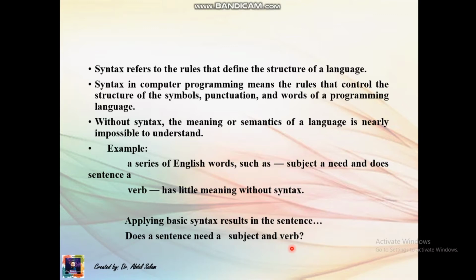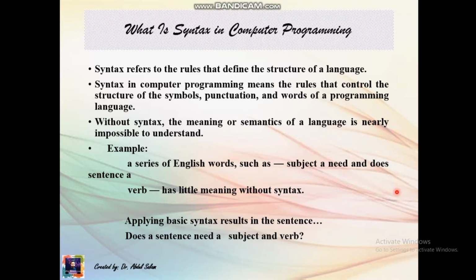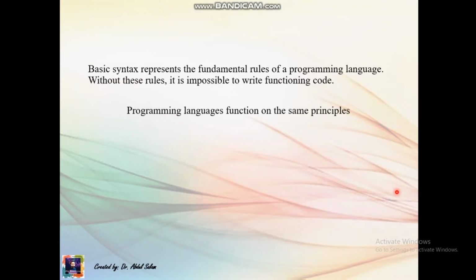The same is the case with programming languages: unless you apply the basic syntax, you will be unable to understand the basic statements used in the programming language. Basic syntax represents the fundamental rules of a programming language. As I have told earlier, without these rules it is impossible to write functioning code.